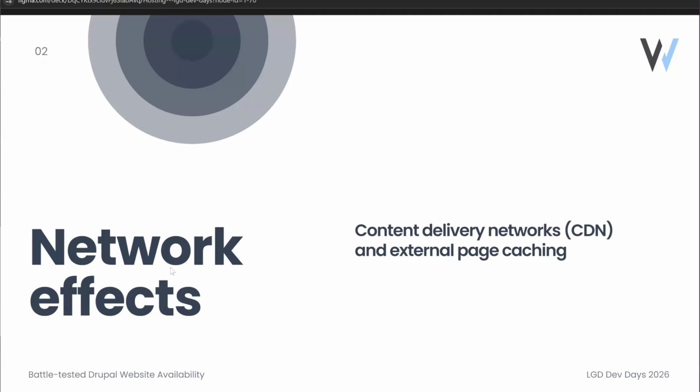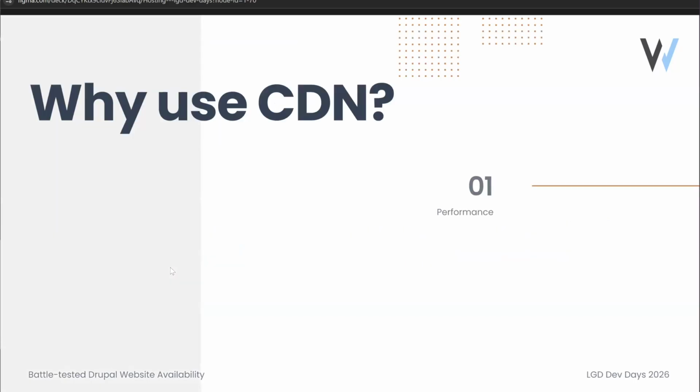So I wanted to speak a little bit about external caches, and particularly the Fastly CDN we've used. So what are the benefits of having a CDN, a content delivery network, I should say. Some of the benefits are performance.